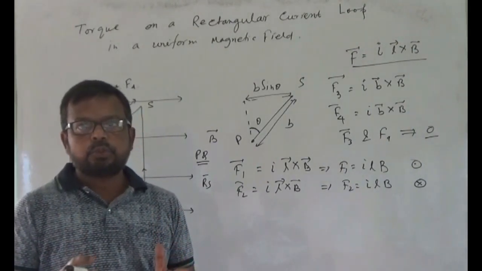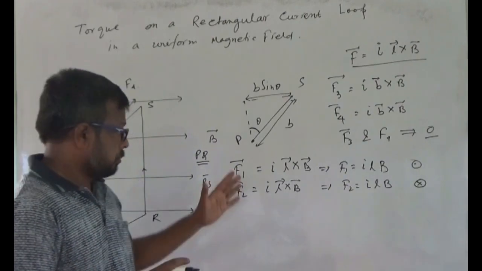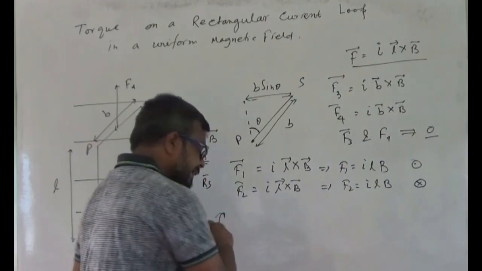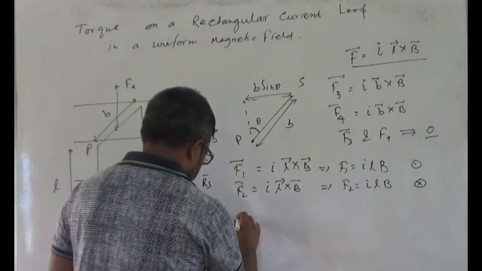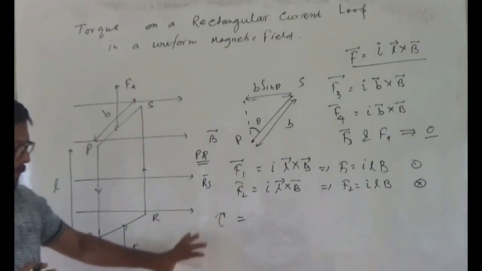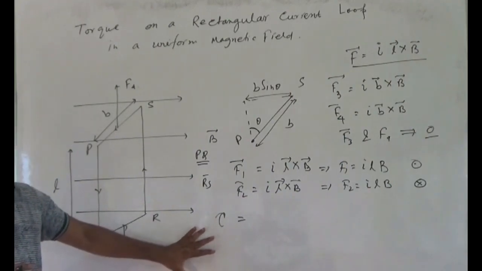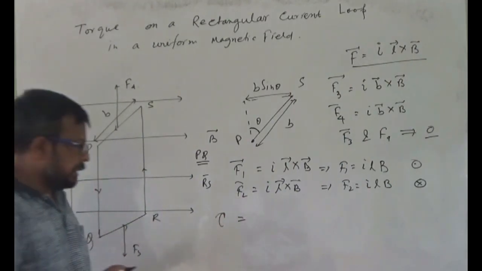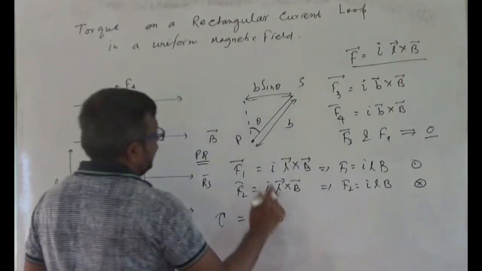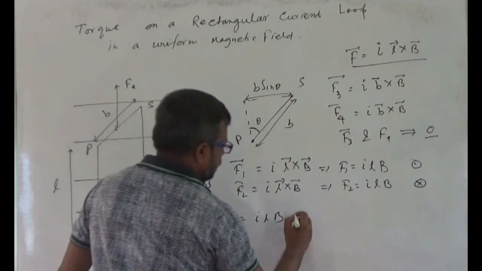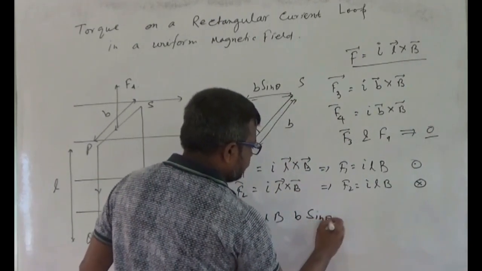The magnitude of the torque acting on the loop is what? The magnitude will be force into perpendicular distance. Now one of the forces is ILB, and the perpendicular distance is b sin theta.